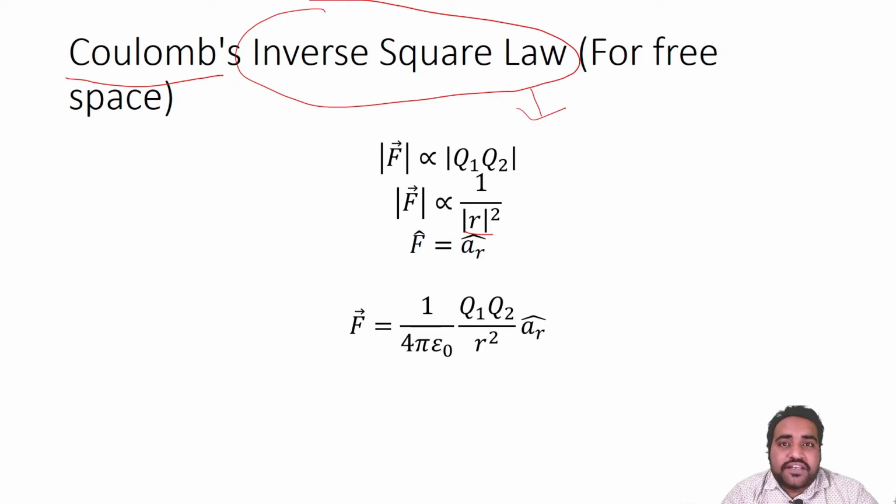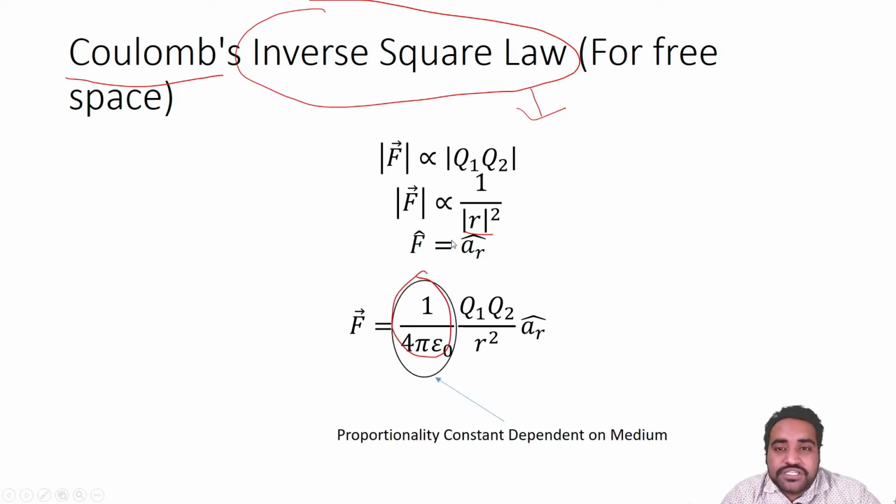So, the expression of the force between two charges Q1 and Q2 in free space is given by 1 by 4 pi epsilon naught Q1 Q2 by R square AR cap, where this 1 by 4 pi epsilon naught is the proportionality constant. You may see that here, these are both proportional symbols.